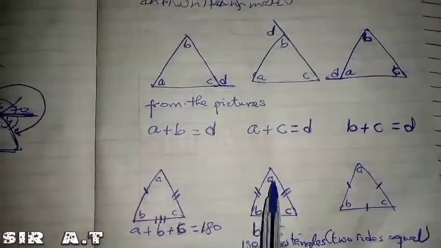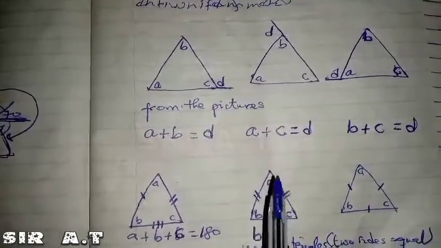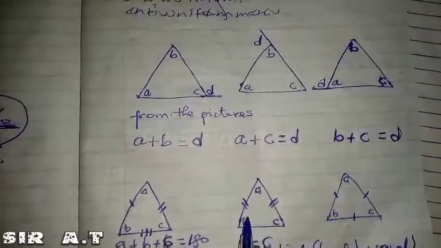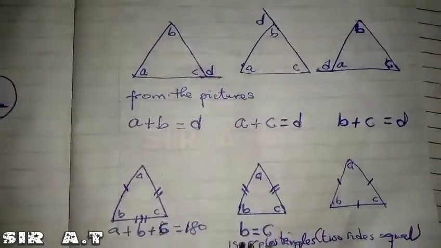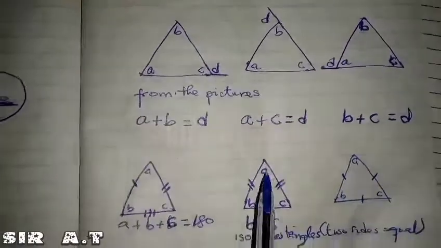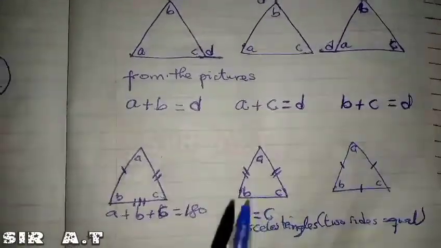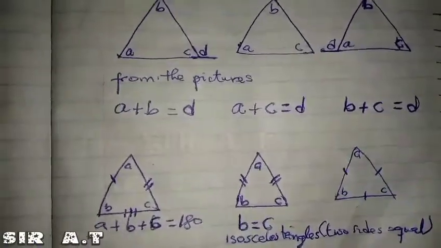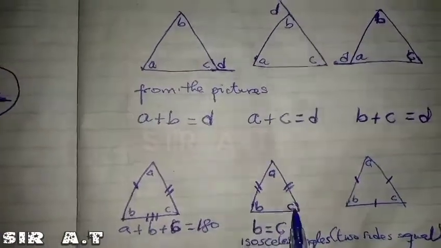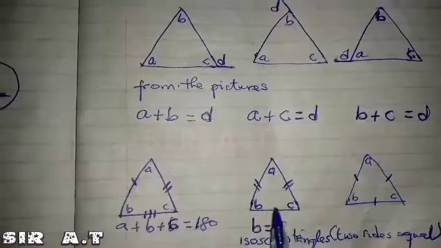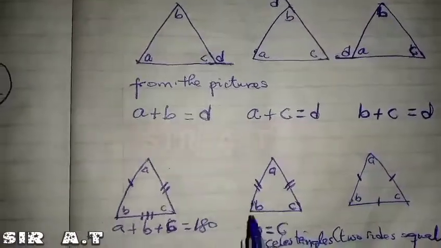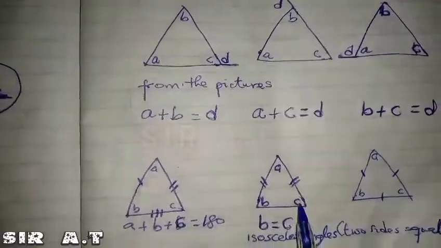So if let's say here is 50 degrees, meaning the other ends, when you subtract 50 from 180, you are getting 130. So this 130 is to be shared by these two angles. Therefore you divide 130 by 2, that gives 65, meaning here is 65, here too is 65.